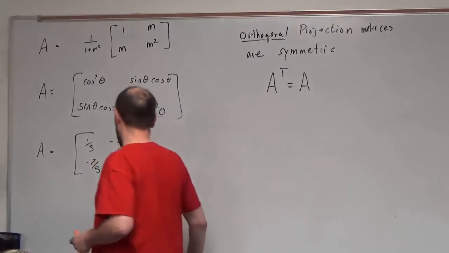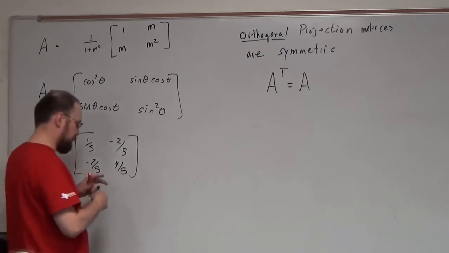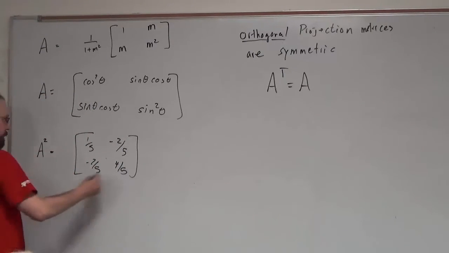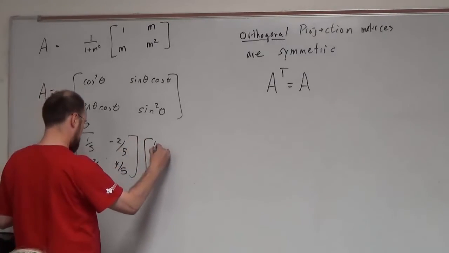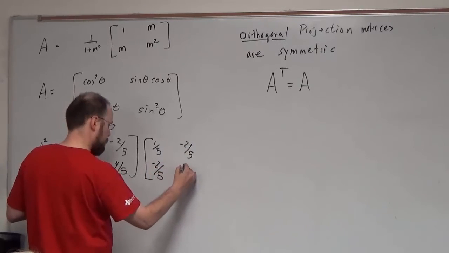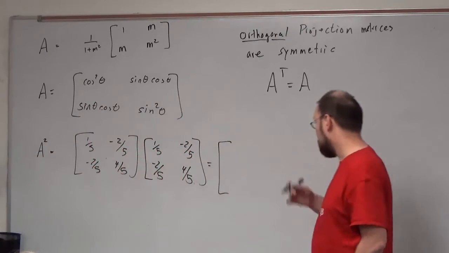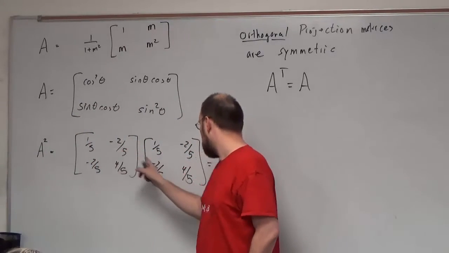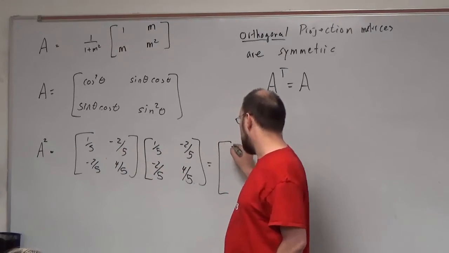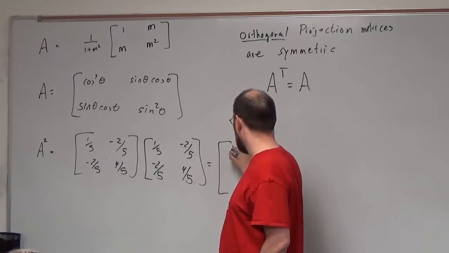That's symmetric. And here's another neat property. What if you square these matrices? What would you get? Let's square our particular matrix, A squared. So that's 1/25 plus 4/25, so that's 5/25, so it's 1/5.